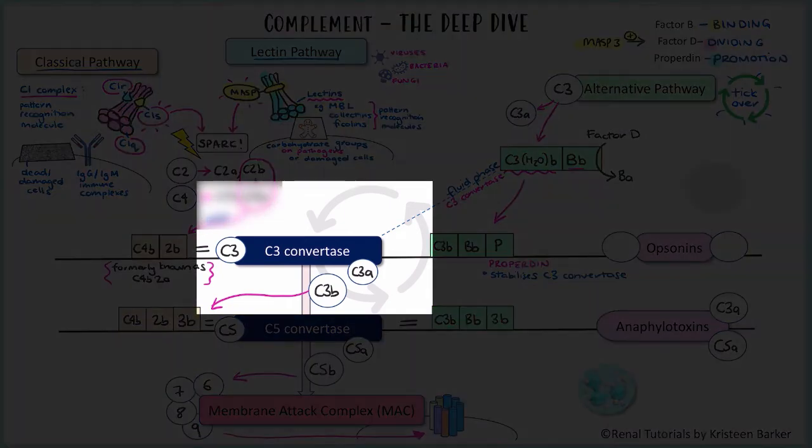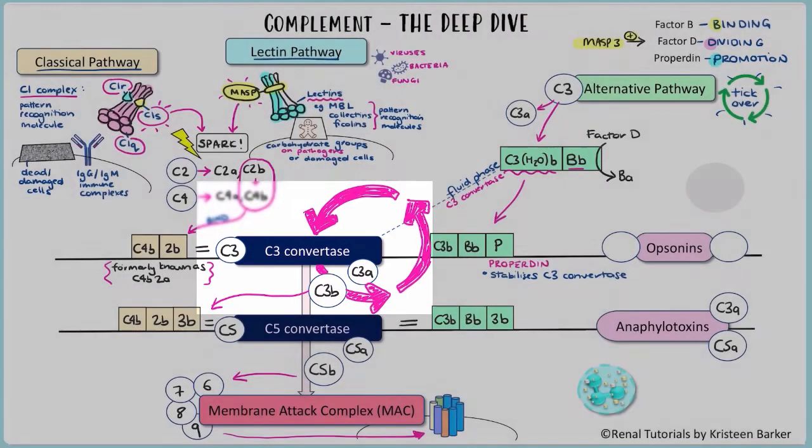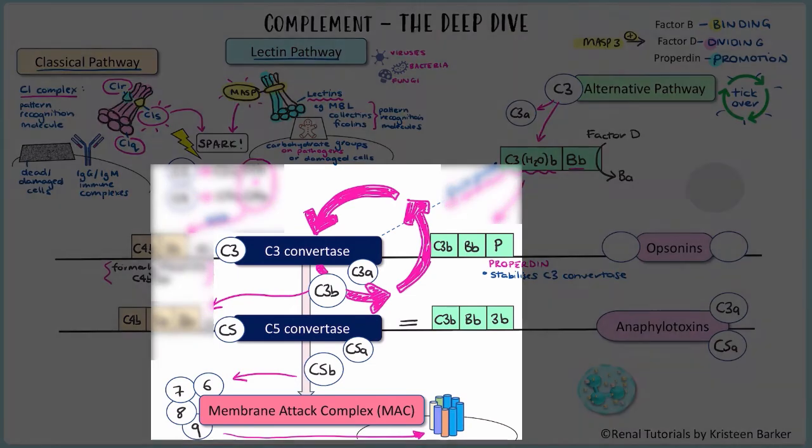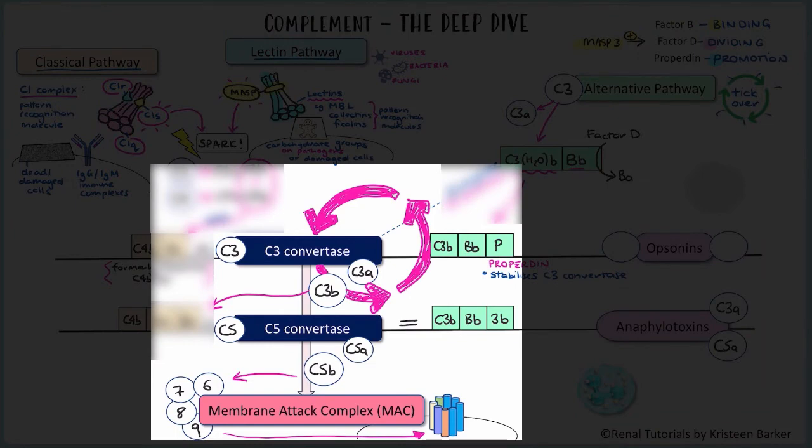Whenever a C3 convertase is generated, it makes more C3b, which in turn makes more C3 convertase, and so on and so forth. But not only do these molecules increase the production of each other, they can also be added together to form C5 convertase, which will in turn lead to the formation of C5a and the membrane attack complex.